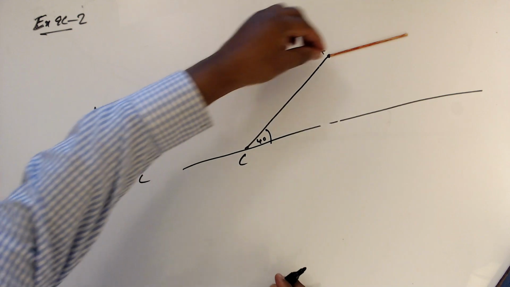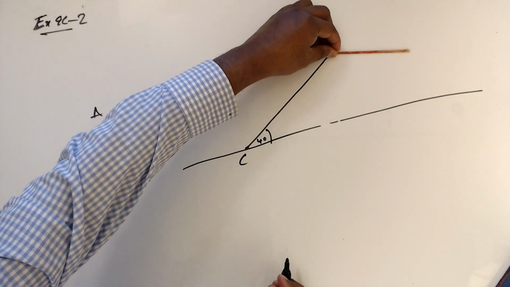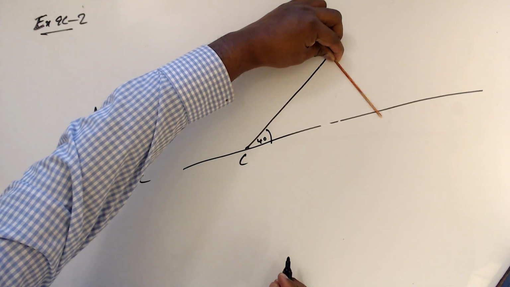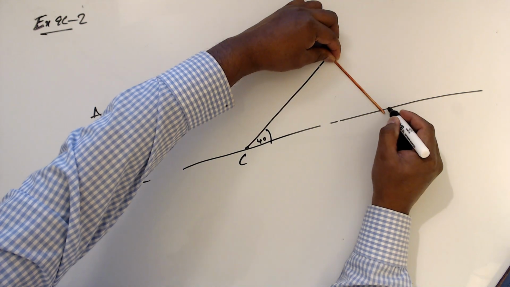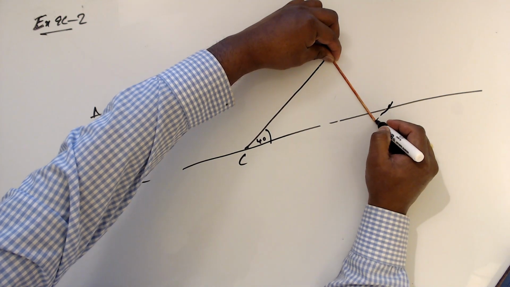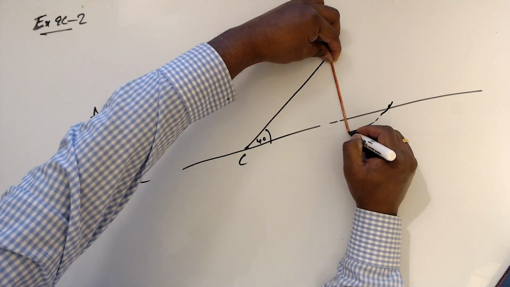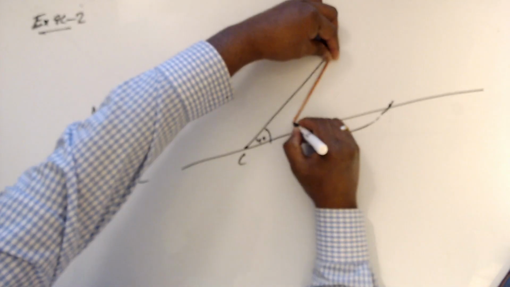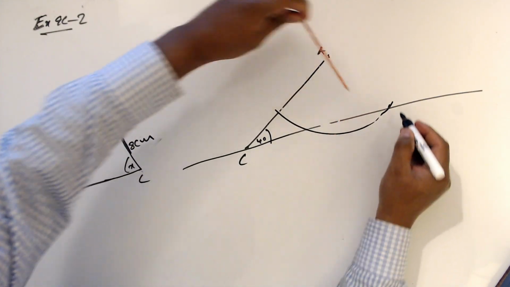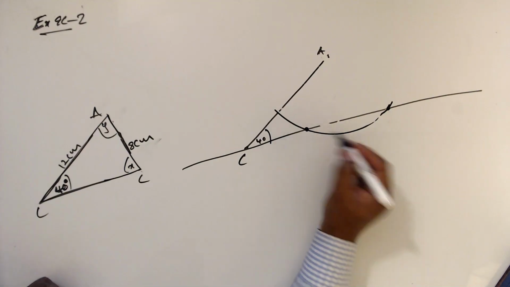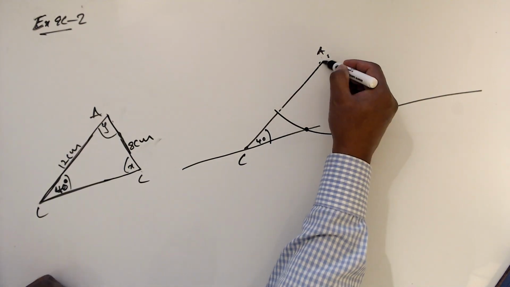When I rotate this, I can see the path will cross here, and then the path will cross here. So those are the two possibilities from A.